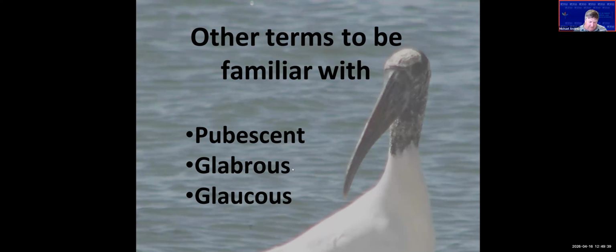Other terms you ought to be familiar with when we look at leaves. We can look at the surfaces of the leaves, and there's terminology associated with that. Some leaf surfaces might be incredibly helpful for identification purposes. Think about magnolias. Some of them have red hairs on the underside of the leaves. We refer to that broadly as pubescence, but botanists have many, many terms to describe the hairs of a leaf.